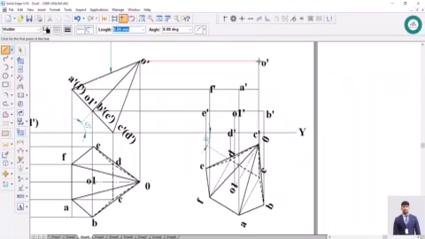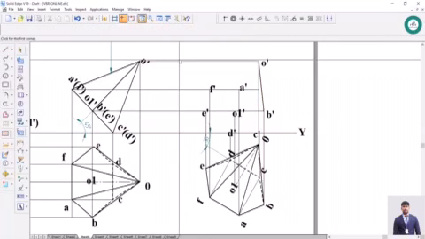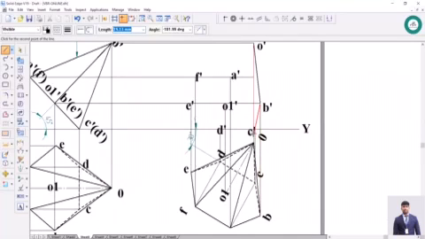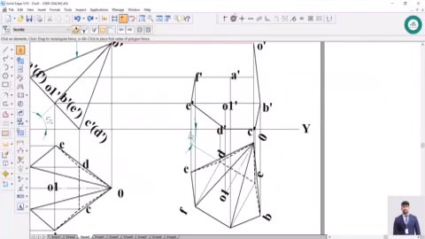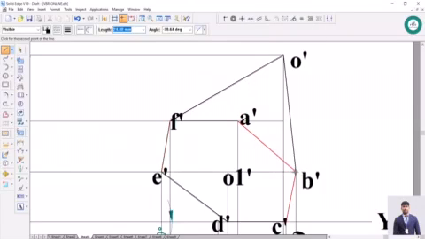Here the boundary part is O, B. So for convenience, we'll zoom this further, and C, D, E, F, and again O. Since the base part is clearly visible, highlight this boundary part.